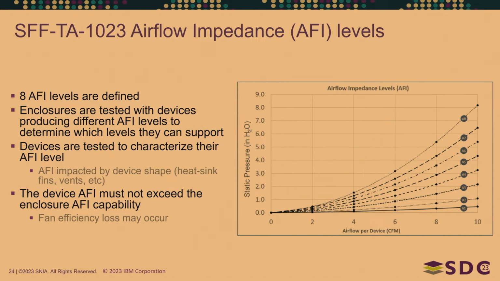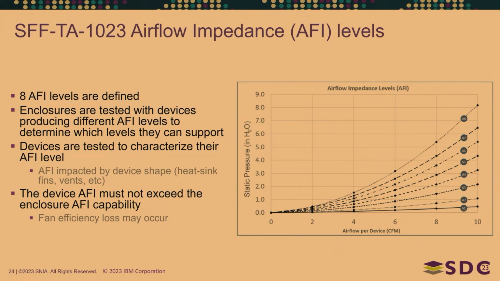And then the devices are also tested to characterize their AFI level. The AFI is impacted by things like the device's shape. What do the heatsink fins look like? What do the vents look like? All that.